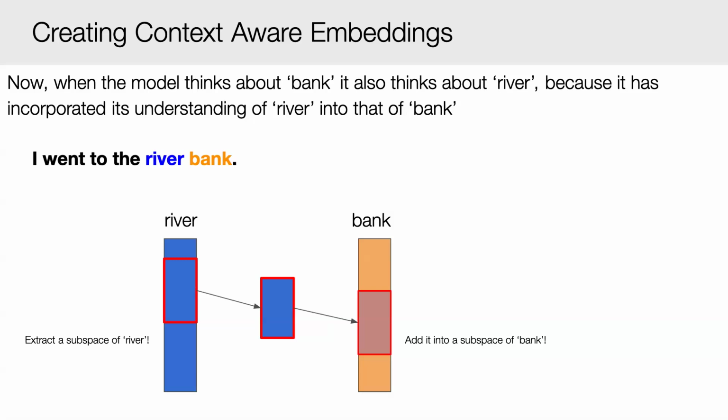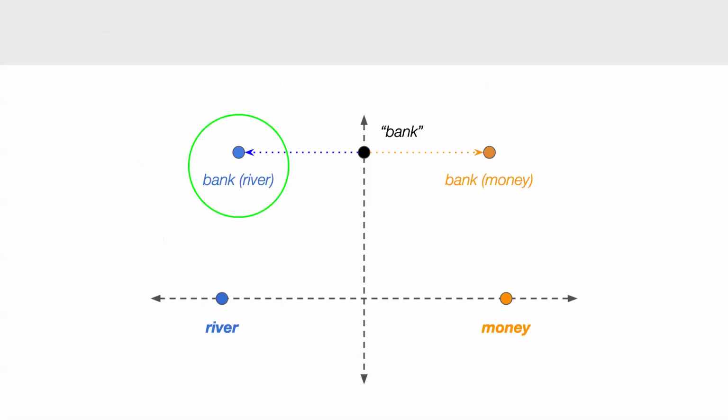So why does this happen? Why does moving content from one word to another end up getting the model to think about these and associate them close together? Well, think about what happened. We just overwrote one subspace and introduced information from another subspace. And subspaces are just dimensions and directions in an overall vector space.